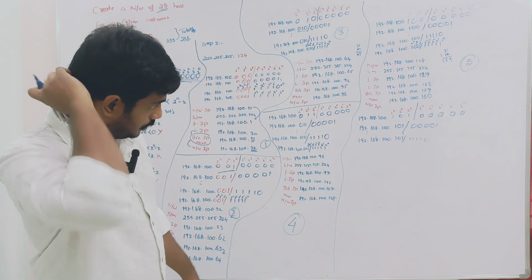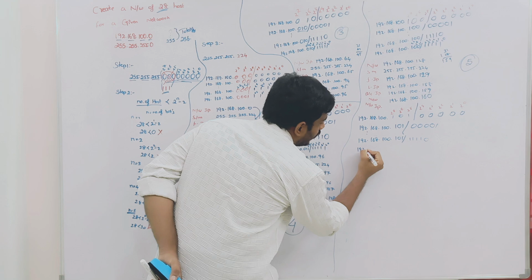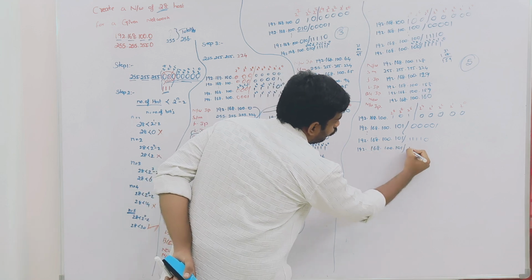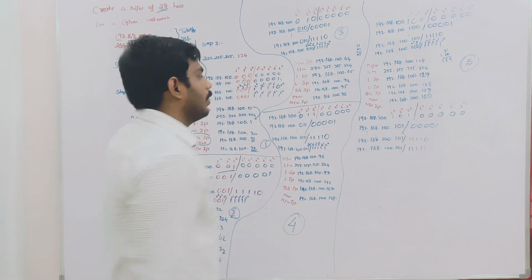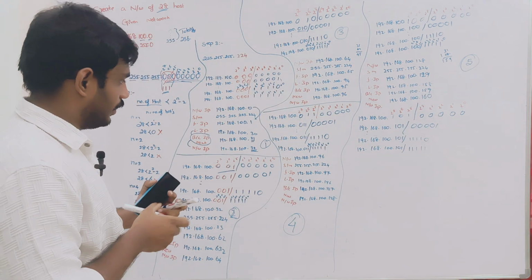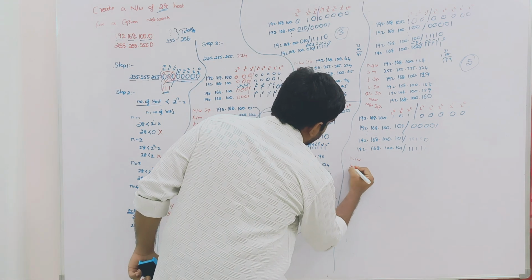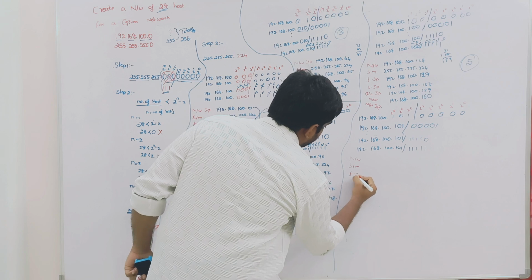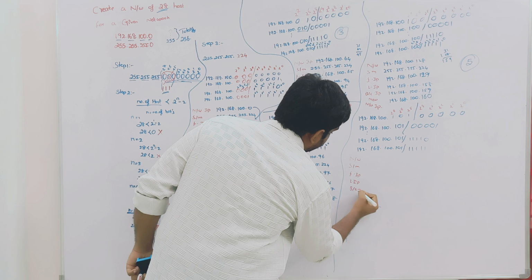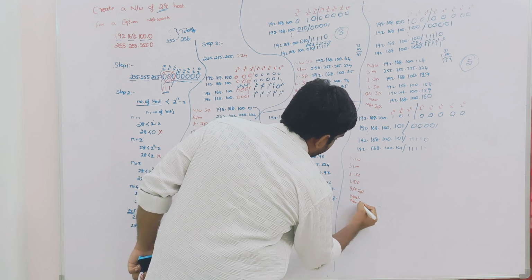So now the broadcast IP will be 192.168.100.101 slash 11111. Okay, now we have to find our values: the network IP, subnet mask, first IP, last IP, broadcast IP, and next network IP.